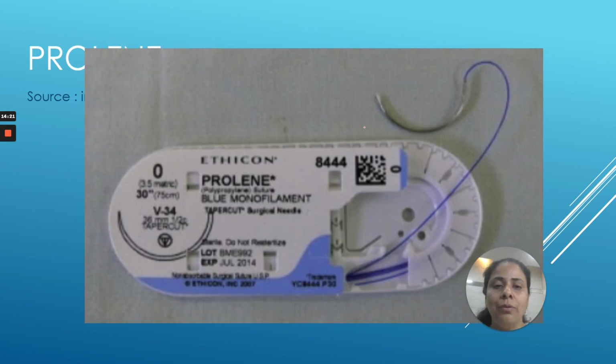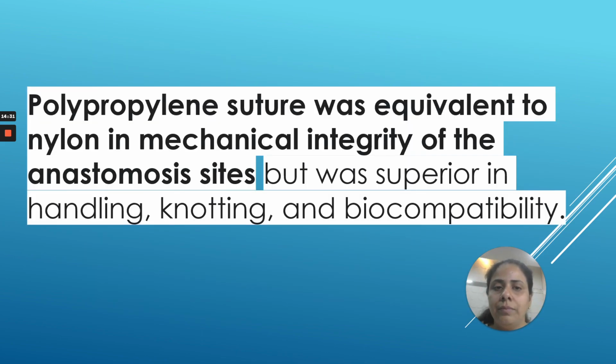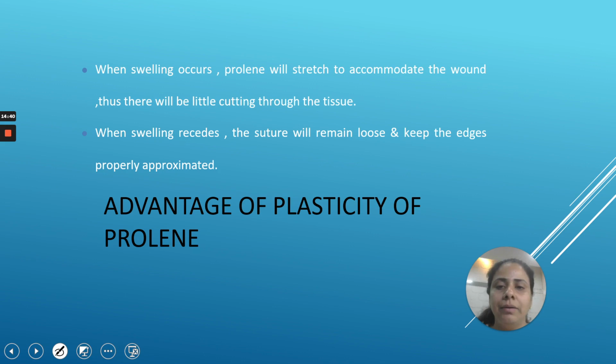So this is how a Prolene suture looks like. This is a beautiful royal blue color here, and it is a monofilament suture. As I have already told you, they are very good at handling, knotting and biocompatibility.